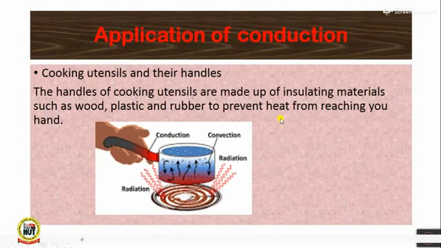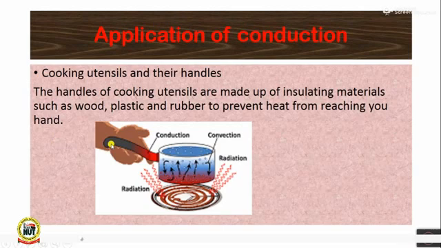The next one is the application of conduction in cooking utensils and their handles. If you look at it closely, cooking utensils like pots, knives, tablespoons, some spoons, and even our cookers at home have handles.